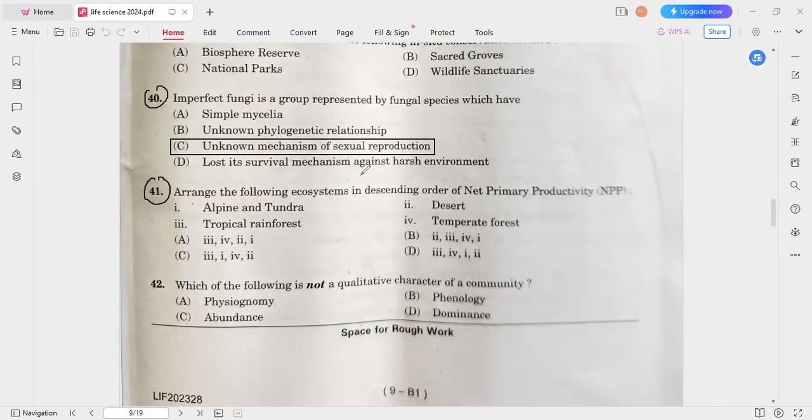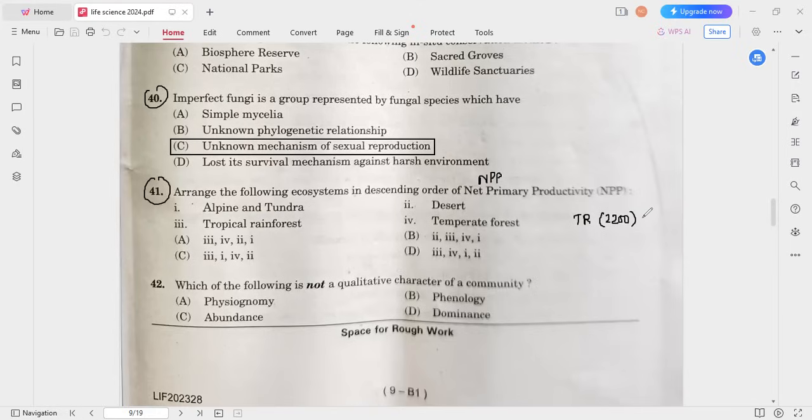Arrange the following ecosystems in descending order of NPP, that is net primary productivity. First one, alpine and tundra, desert, tropical rainforest, temperate forest. So based on the net primary productivity, we have to form the order. So first one is tropical rainforest, which has 2200 NPP.